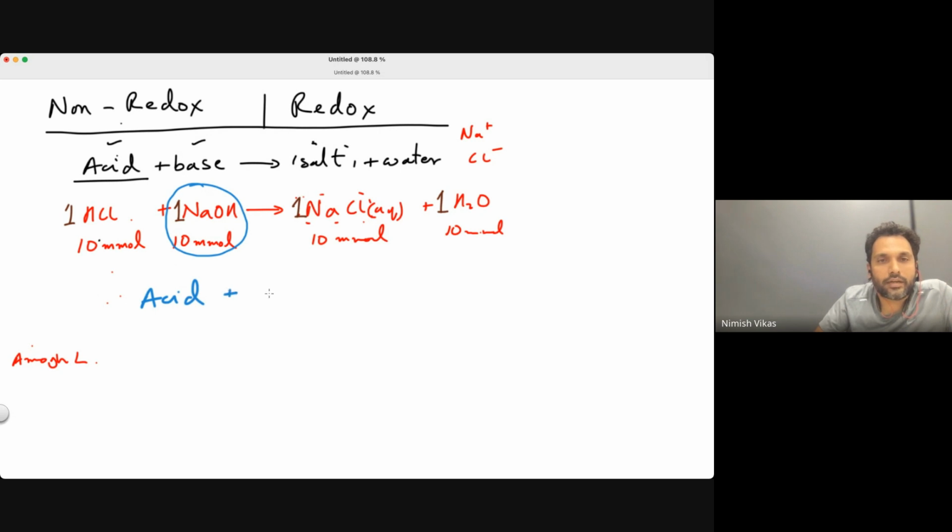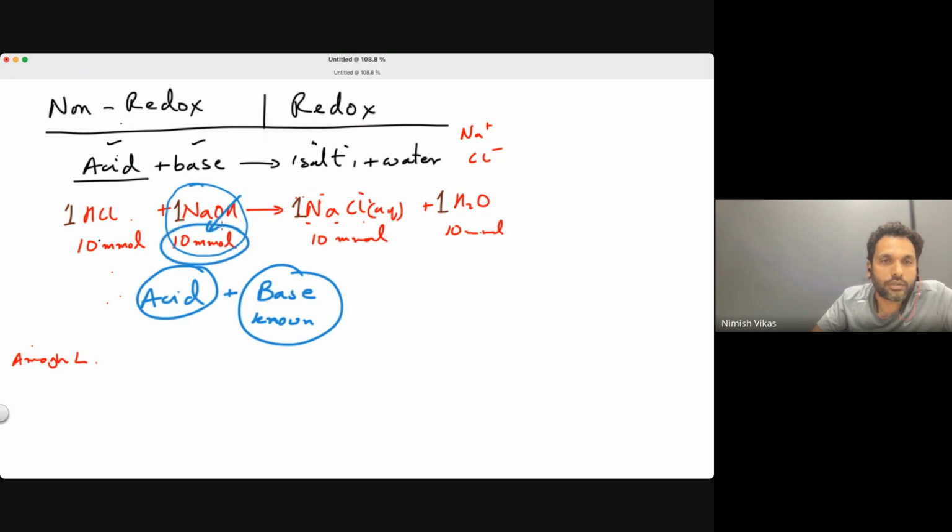It was reacted with a known amount of base. So you may think that, oh, it is very easy to figure out the acid. Like over here, if the base was 10 millimoles, then I know the acid also will be 10 millimoles if I know the balanced reaction, right?